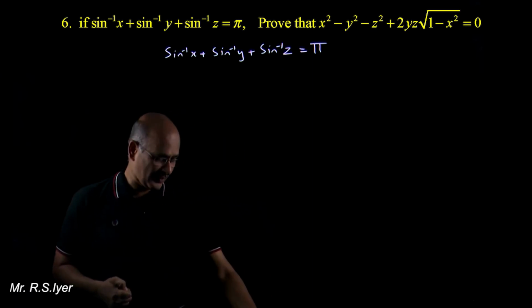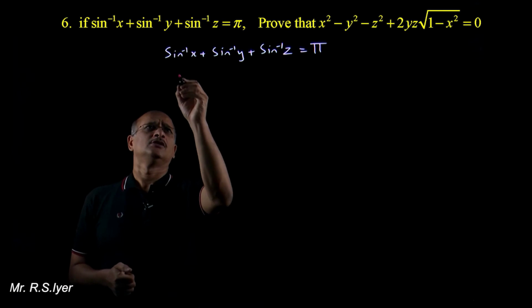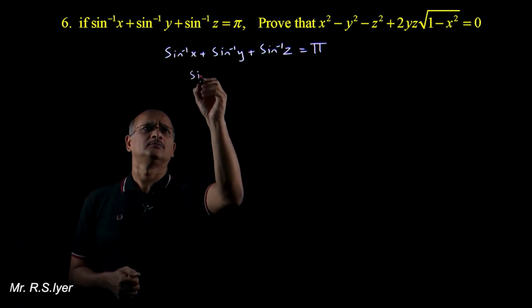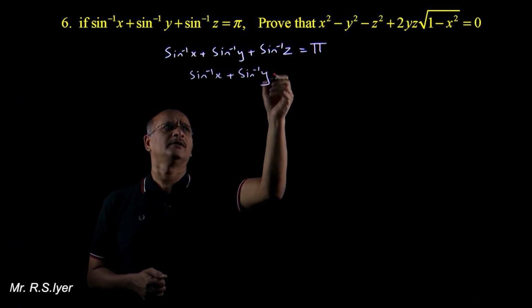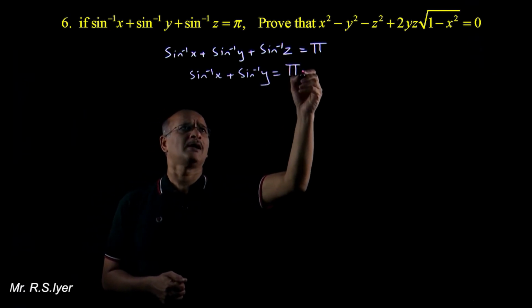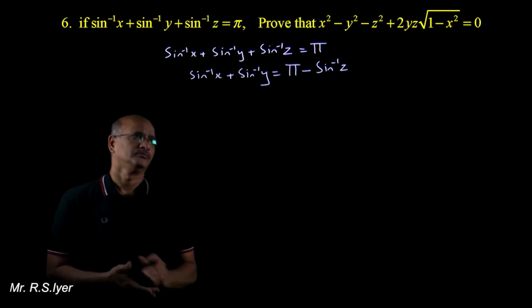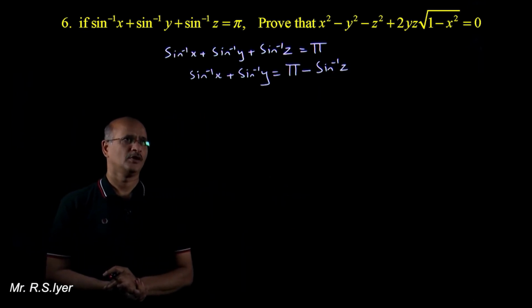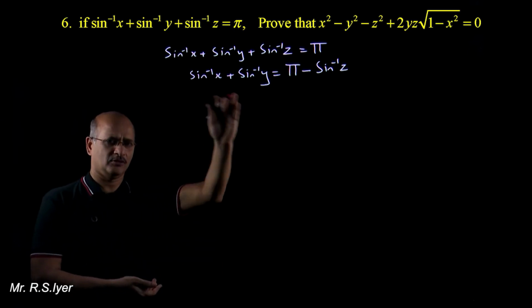So let us see what happens. So first I'll just pair this part here. So sine inverse x plus sine inverse y is equal to pi minus sine inverse z. I think I am very clear. Now I have only one option left with me, that I can just work out with the formulas over here.